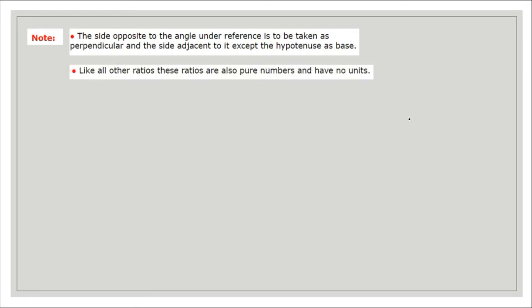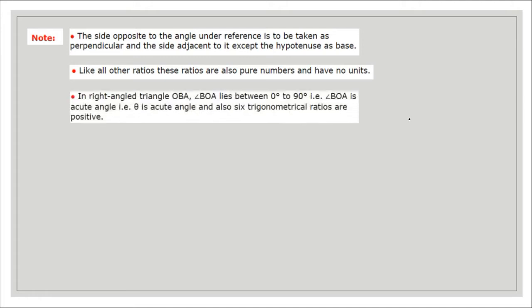All these ratios are pure numbers. Since it is a ratio, it does not have any units. It's like a fraction, 3 by 4, 4 by 3, like that. In the right-angled triangle OAB in the previous figure, angle BOA lies between 0 and 90 degrees.